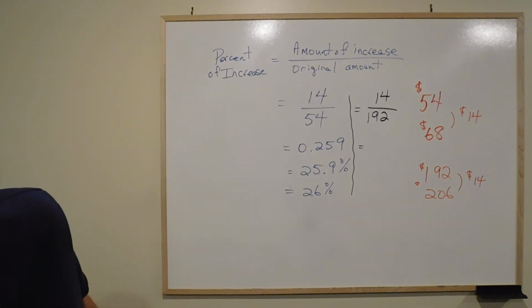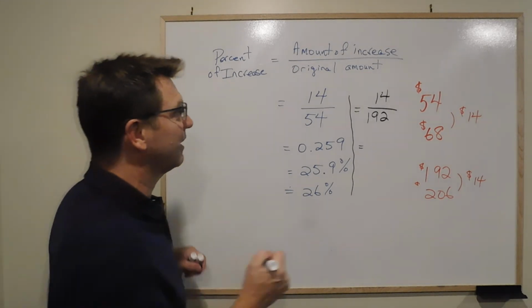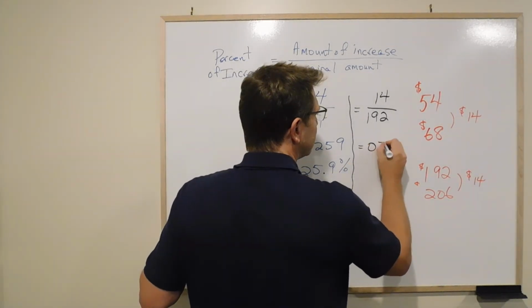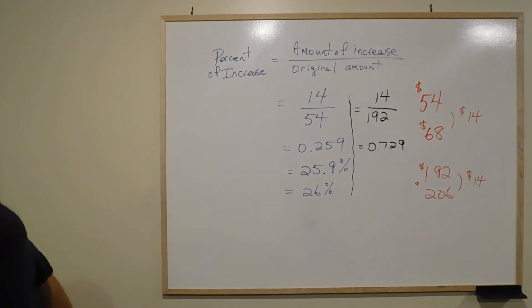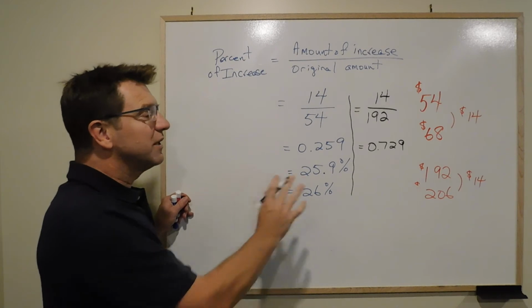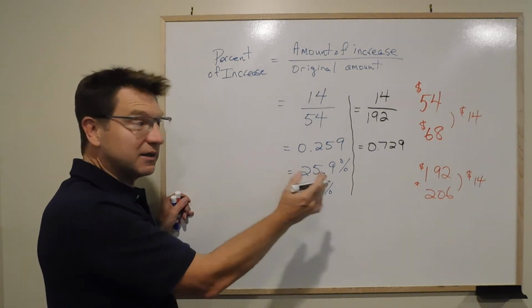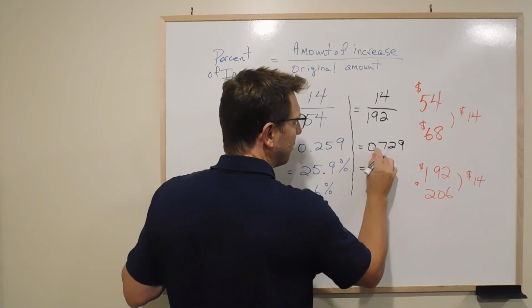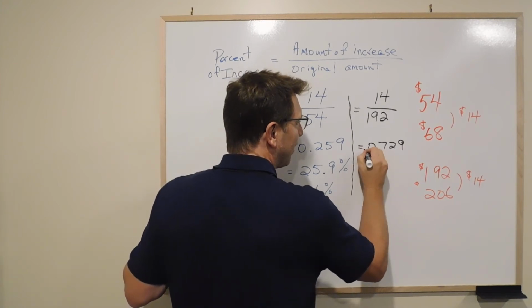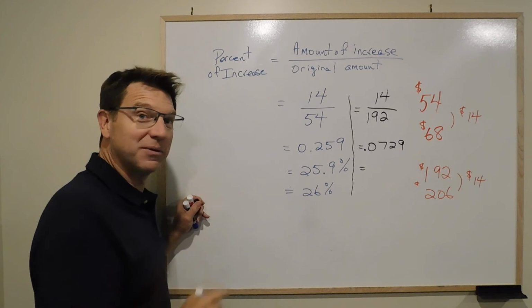And we'll just get this quickly. 14 divided by 192, and that's 0.0729. Did I do that correctly? 0.729, yeah. So to get that from a decimal to a percent, same technique, multiply by 100, and that is, whoops, put the decimal in the wrong spot.